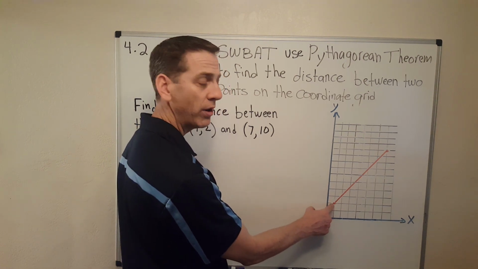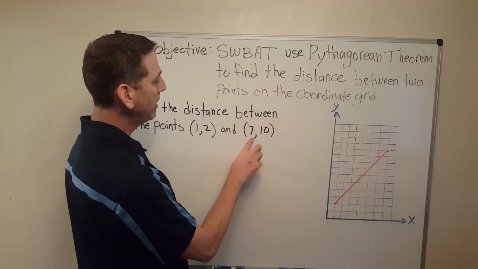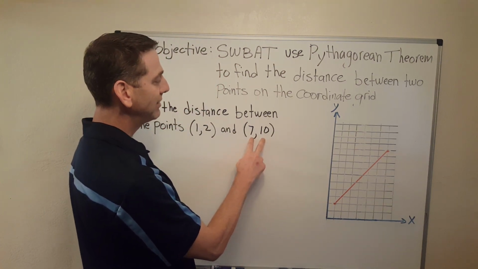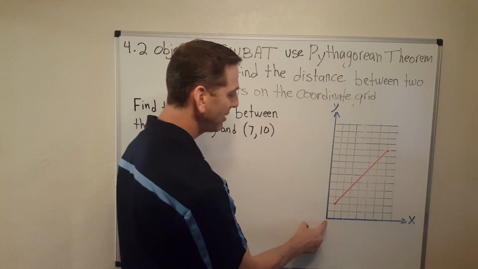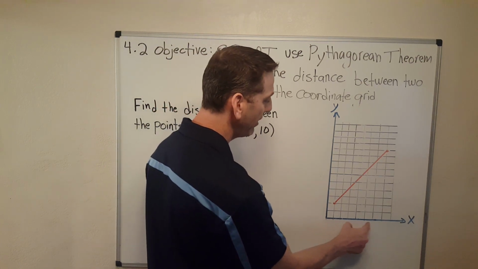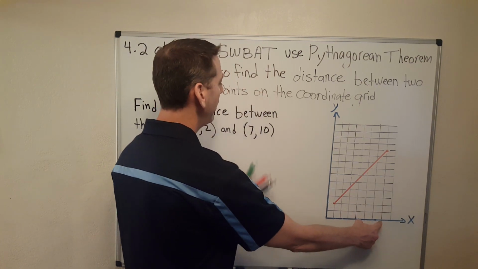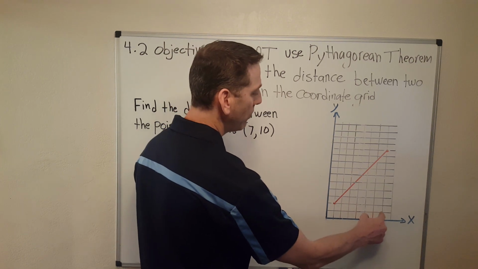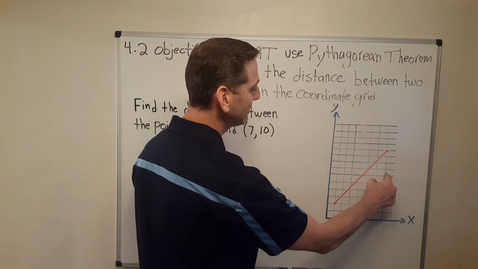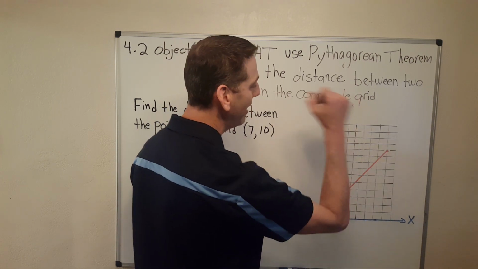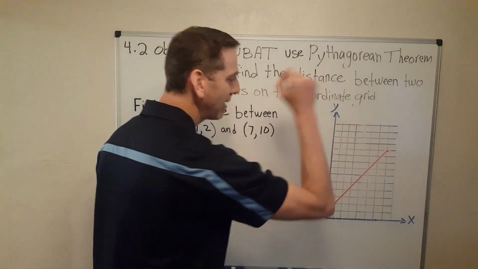There's my first point. My second point is (7, 10), so I go over 7, 1, 2, 3, 4, 5, 6, 7, and then I go up 10, 1, 2, 3, 4, 5, 6, 7, 8, 9, 10. And there's my second point.